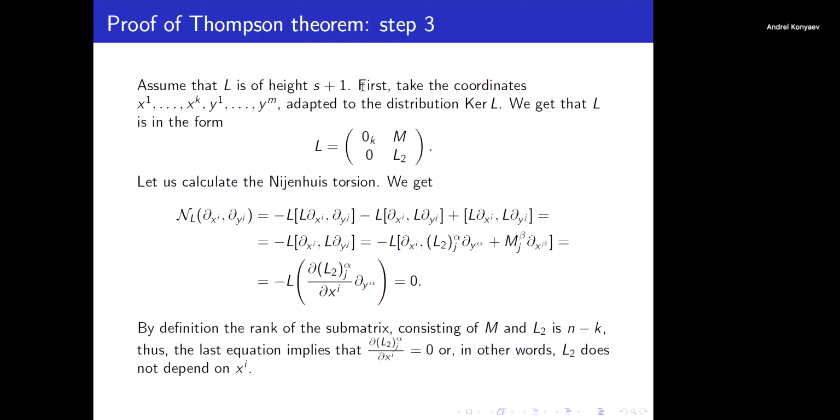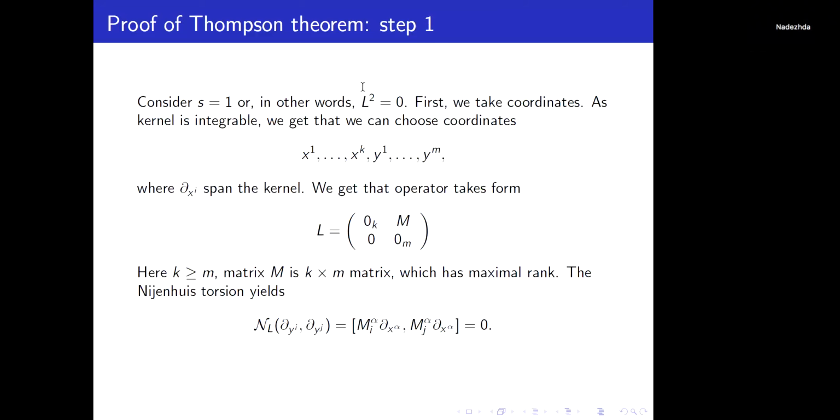I'm sorry, I have a stupid question. Why can m not be smaller than k? I don't understand. I'm sorry. Because see here, k is the kernel, right? It is the dimension of the kernel. So if you assume that k is smaller than m, right?